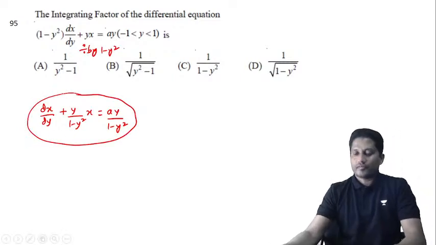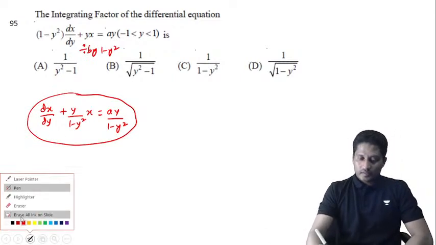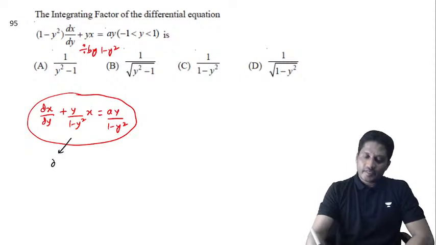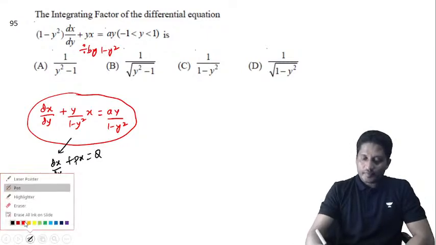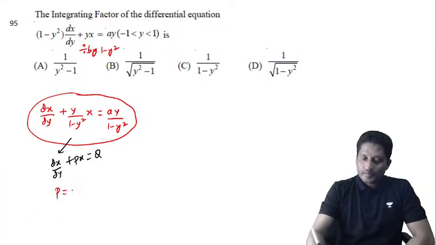Now this is of the form dx by dy plus Px is equal to Q. Right, what's the value of P now? P is equal to y divided by 1 minus y square.